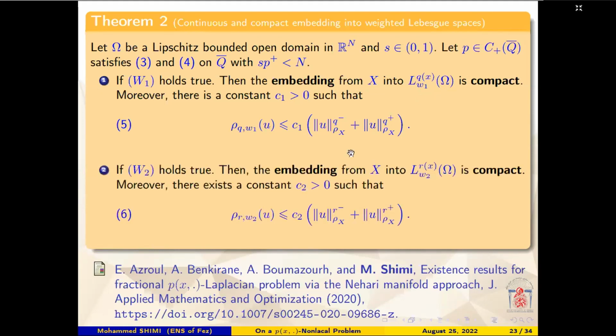And also if W2 is verified, we have the same result: the compact embedding of X in L^{r(x)}(Ω, W2), and the modulars satisfy those two inequalities, inequality number 5 and inequality number 6.